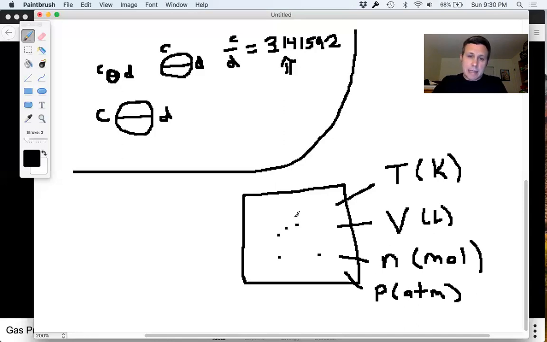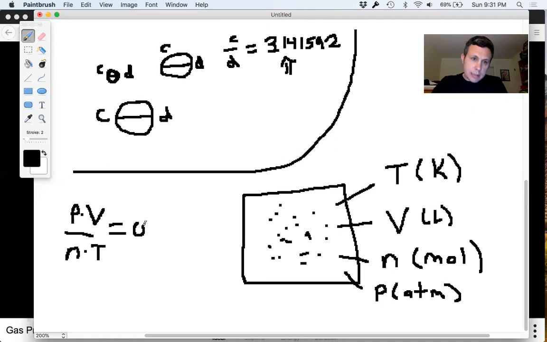So if I have a gas in a container, if I measure those four variables in these units, Kelvin, liters, moles, and atmospheres, it turns out that the pressure times the volume divided by the moles times the temperature for any ideal gas, and we'll get into what that is at some point, PV over nT will always equal the same constant, 0.0821 liter times atmospheres over moles times Kelvin.